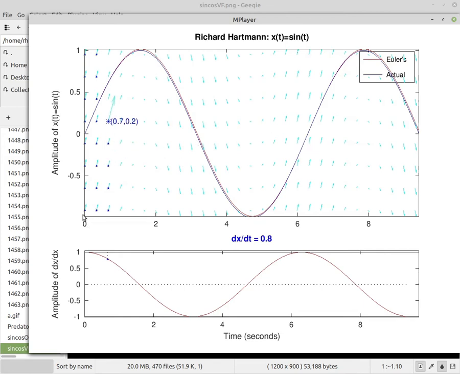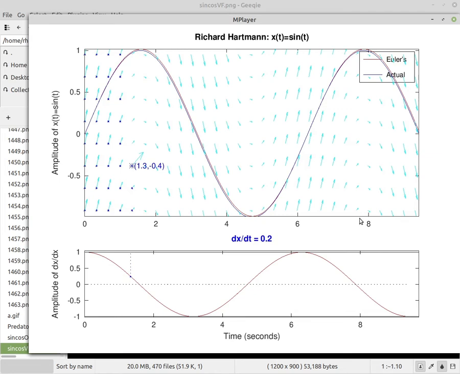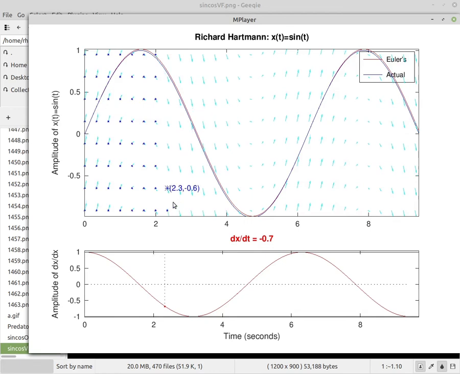When you look at the graph, your axes go from 0 to about 9, because remember it's actually going to 3 times pi, so it's slightly above 9 on the independent axis, the time axis, and then the amplitude is going between -1 and +1. So we want to pick points all along here, and at every point along this plot, we're basically building up a matrix, and we're going to evaluate the derivative.